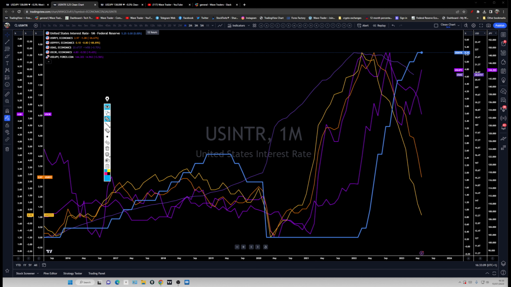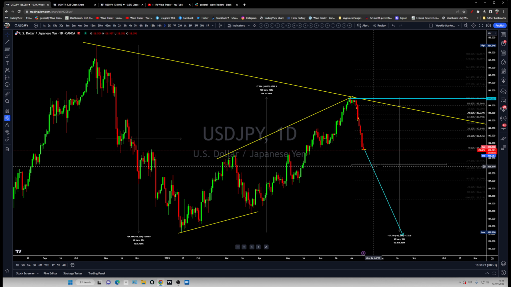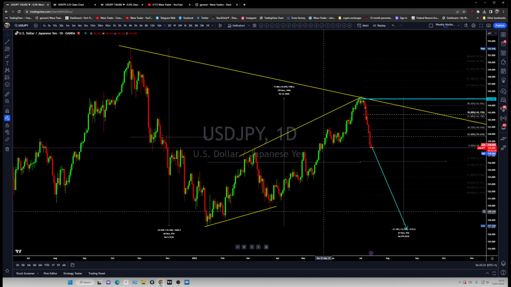So we'll see whether they are going to reverse their policy, or hold rates at higher levels. But what inflation is suggesting is that the Fed is going to turn very quickly. They are going to change their policy quickly. So if I look at the dollar yen, the dollar is just setting up for a drop.